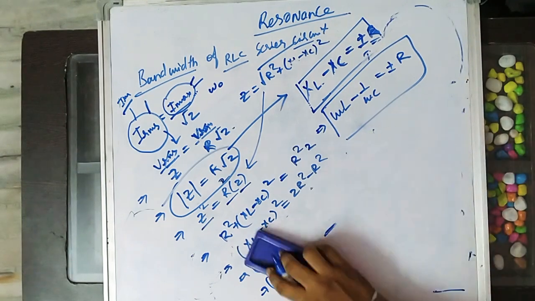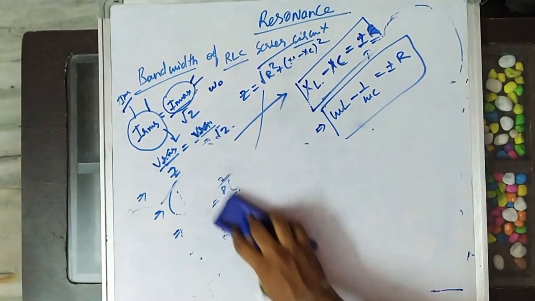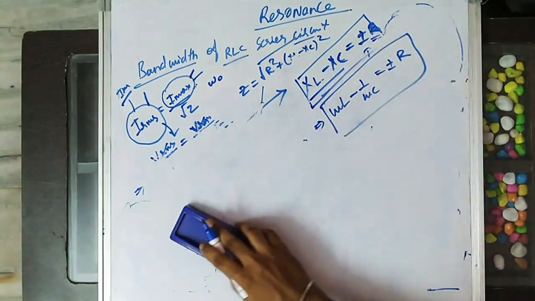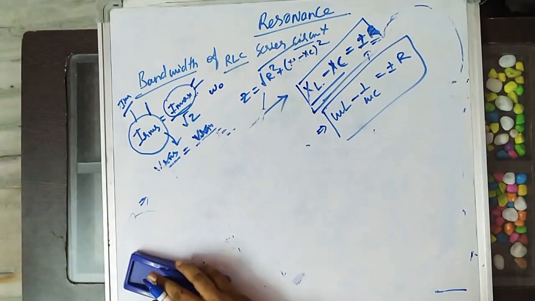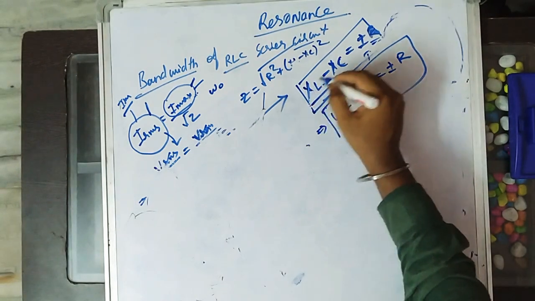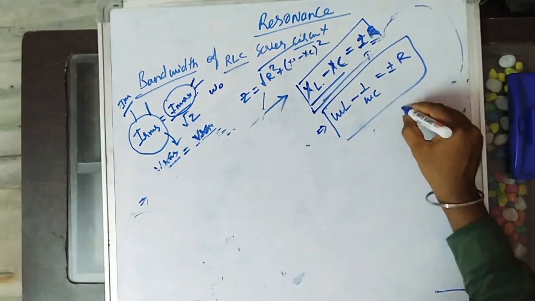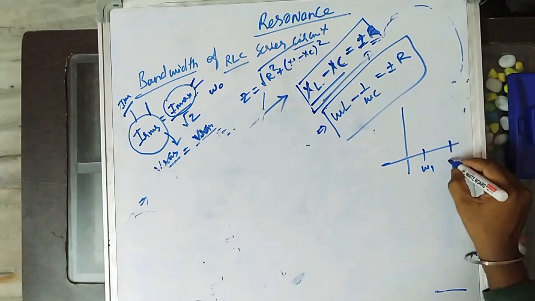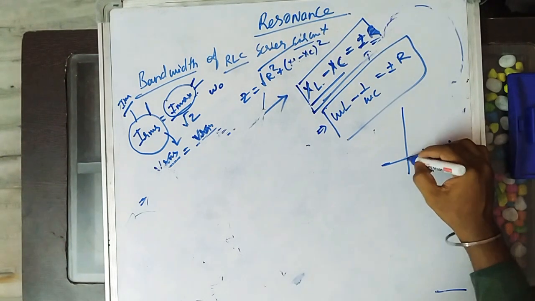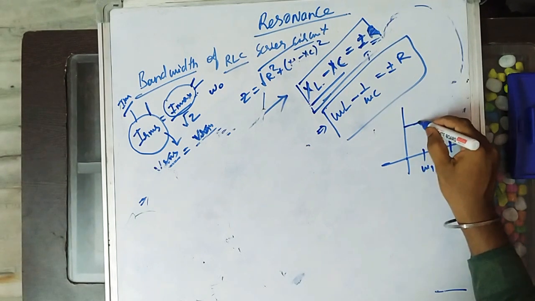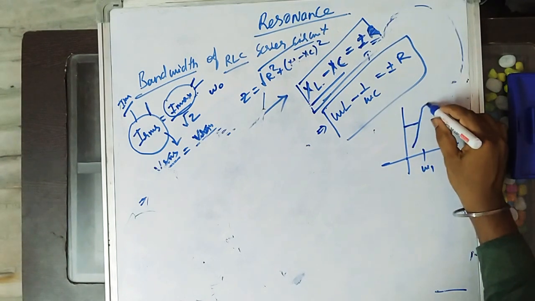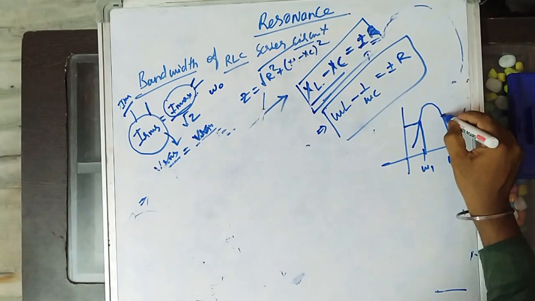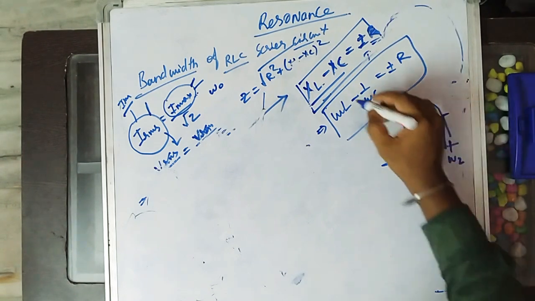Why two values? Because this XL minus XC equal to R, the total net reactance becoming R here. That means at omega 1 you will get one reactance, at omega 2 you are getting another. This is the net reactance.